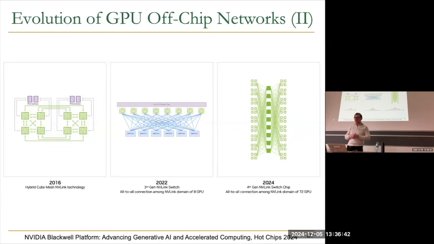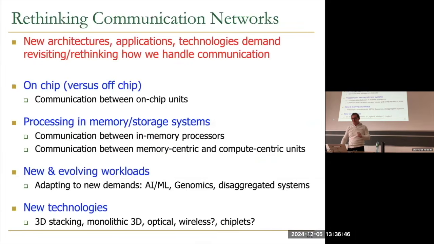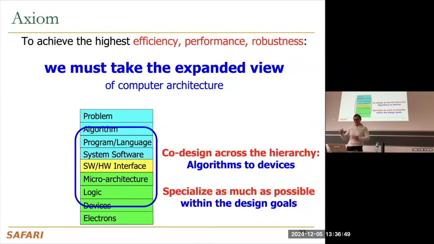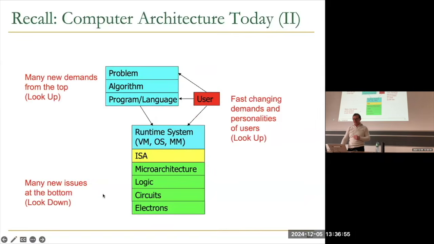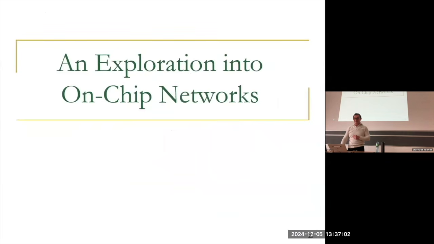And a lot of the optimizations that later work did was on that network. Okay, so this also points out that we really need to think about what's happening across the stack when we design these networks. These are slides that I used in the first lecture, so we're going to get back to them. Okay, any questions?